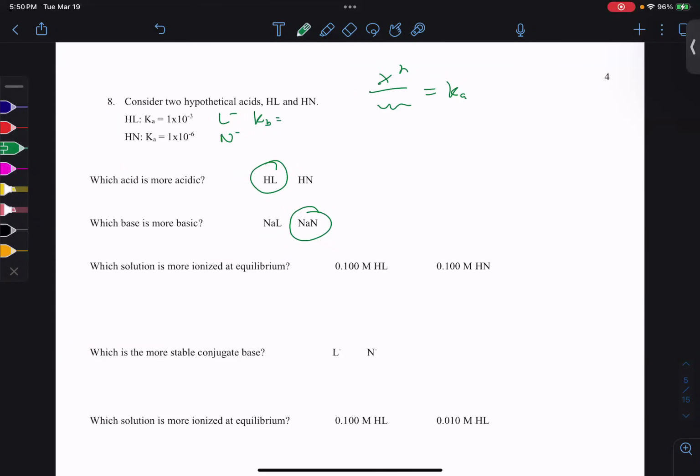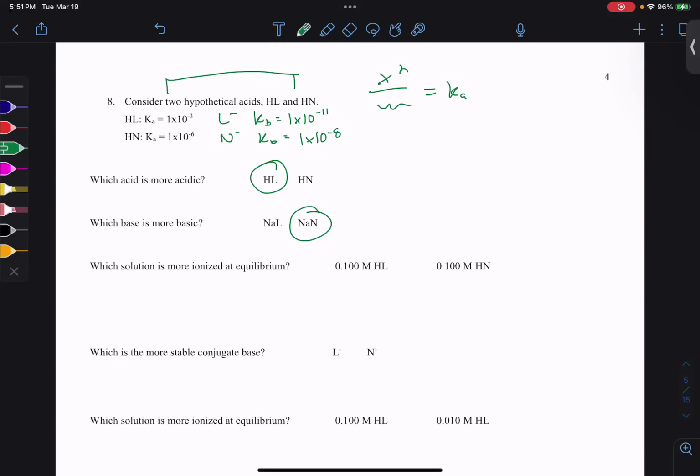Hopefully you can do this in your head. It's 10 to the negative 11, yes, because both of these numbers have to multiply to Kw. An acid-base conjugate pair are always related by Kw, not 14, 11, right? Then what is the Kb of N minus? Negative 8, yes, because negative 6 plus negative 8 is negative 14, right?